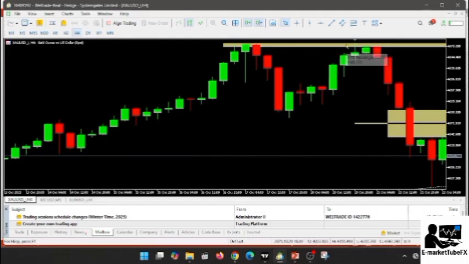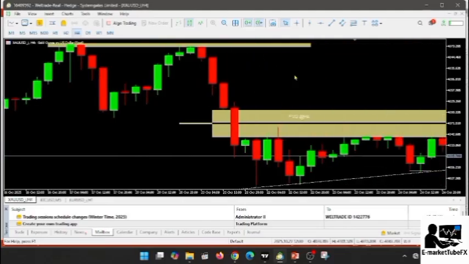So after liquidity was swept at this swing high or at this zone, we have a bearish candle formed here, which confirmed to us that market is about to go down. So if you're a trader and, with the strategy that you use, you've been able to confirm that market is about to go down, why do you trade against the trend?